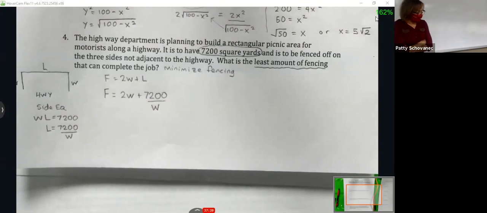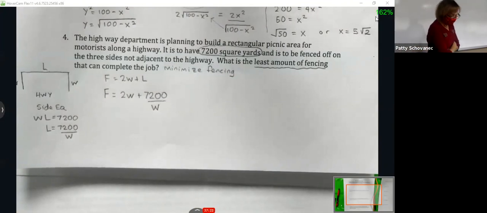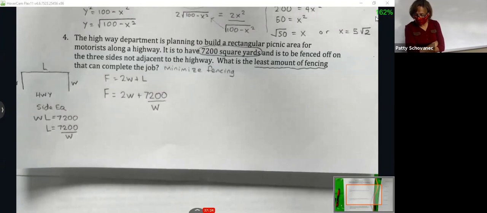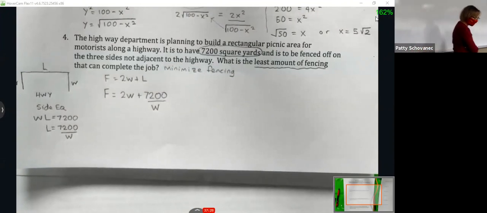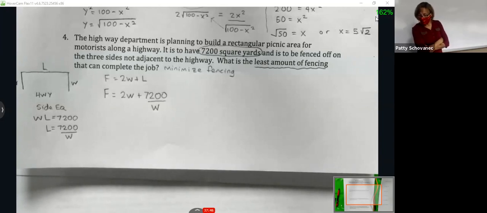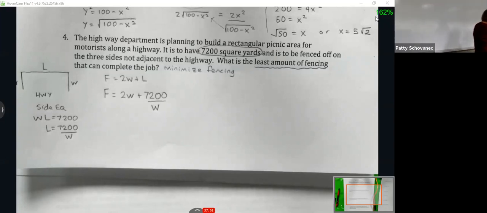So take the derivative, see if you can solve for W. You get a nice whole number this time.